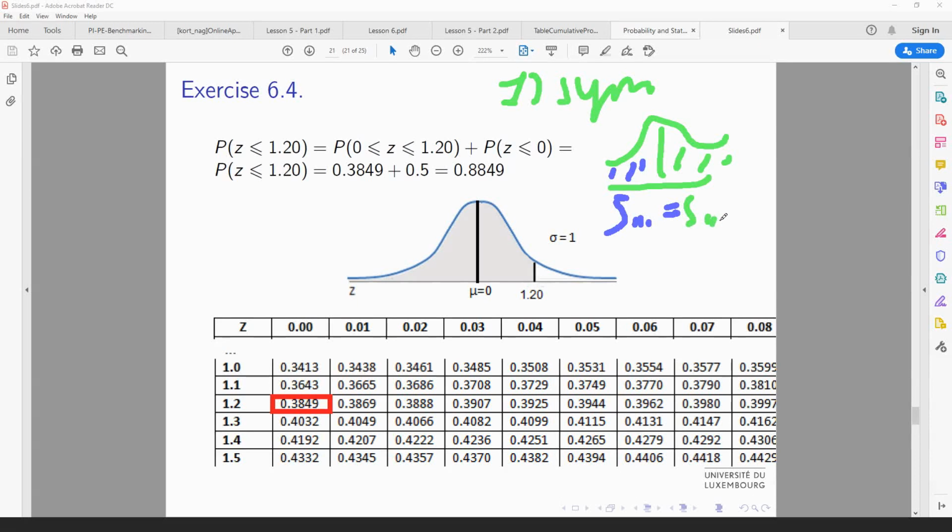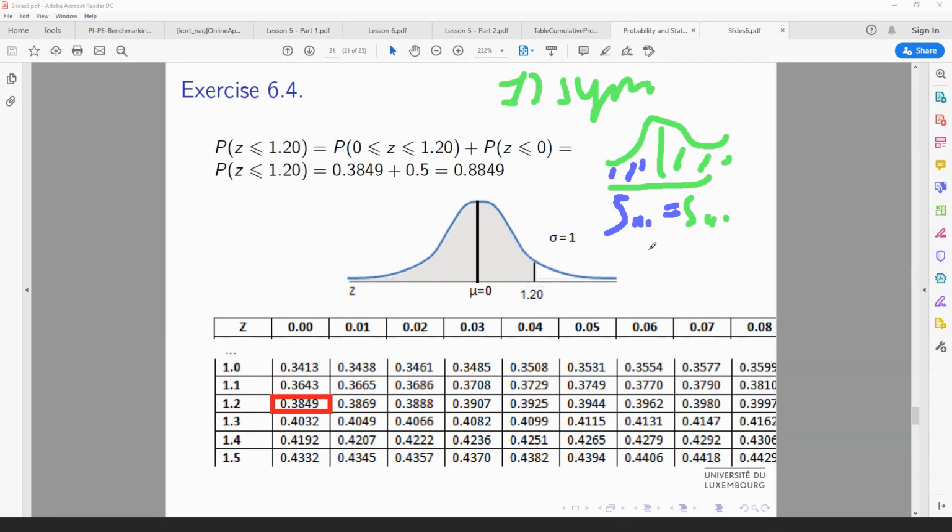And also since it's a valid distribution, the sum of all probabilities should be equal to 1. So the total area under the curve of the normal distribution is equal to 1.